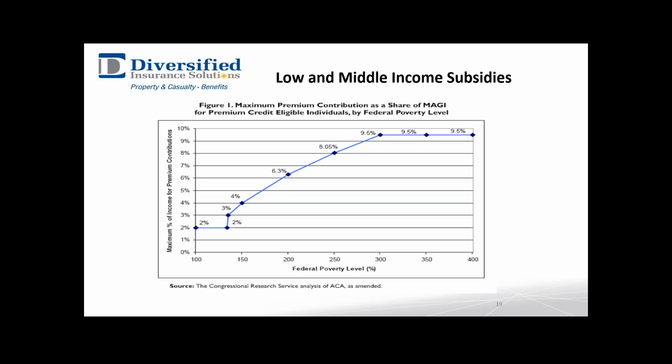So while you technically still could be eligible, you're talking about 9.5% of your income. And frankly, I don't know too many people that want to be paying 9.5% of their income towards health insurance. So at some point that subsidy kind of erodes a little bit. But certainly down at the 3%, 4%, 5%, 6%, you can see it arches up. That certainly would be impactful to those individuals as far as a premium credit being available to them.